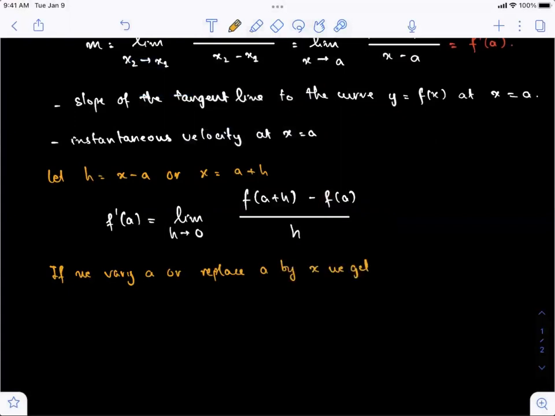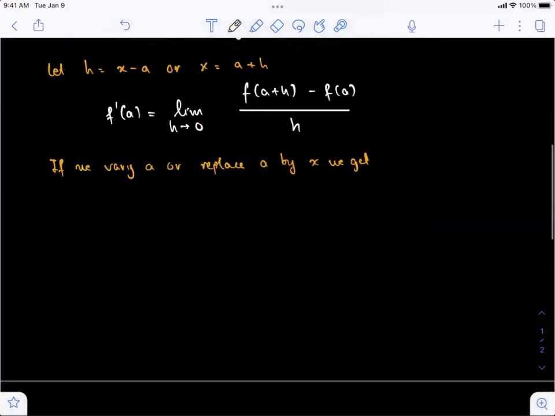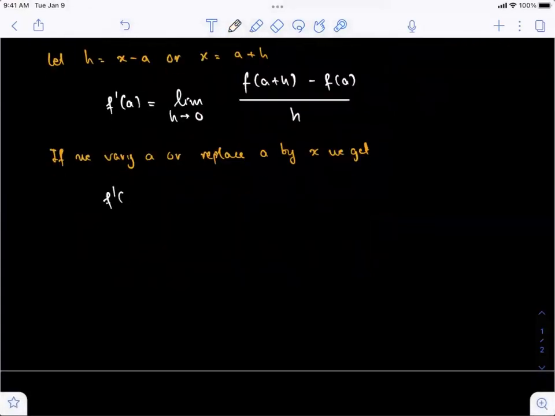We get the following formula: f prime of x equals the limit as h approaches 0 of f of x plus h minus f of x over h.